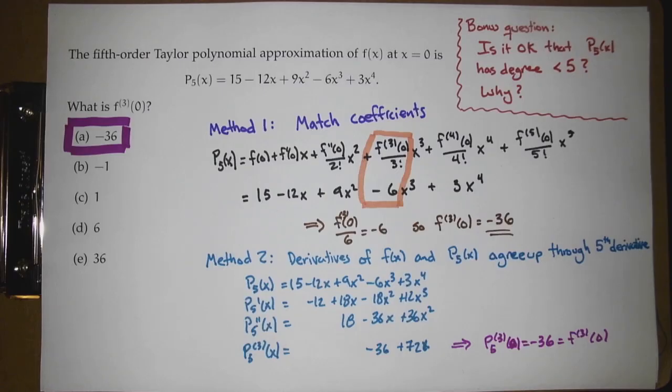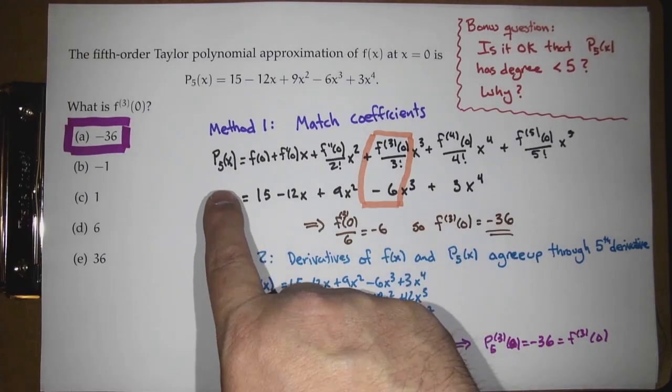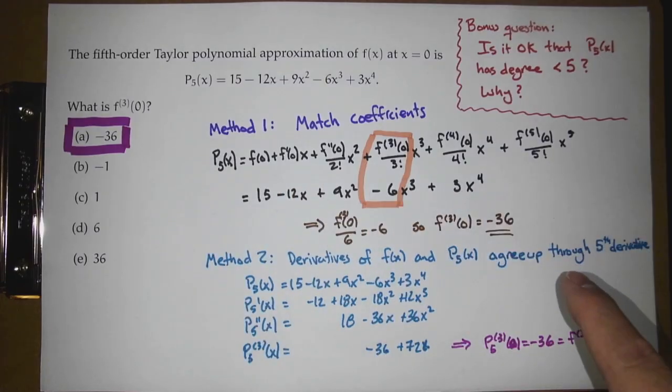Now, another approach is to say, what's happening with Taylor polynomials is that I'm storing information about the derivatives. And the way I store it is as coefficients. So if I understand what the coefficients represent in my Taylor polynomial, then I can figure out what my derivative is. In particular, this is the fifth order Taylor polynomial all worked out.